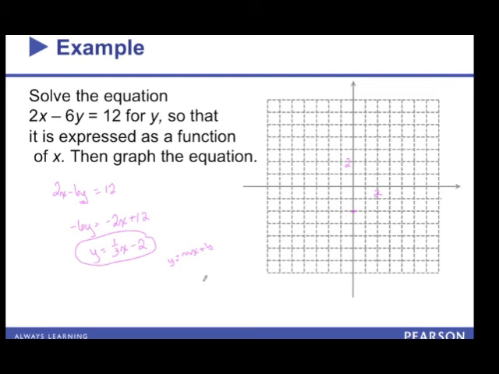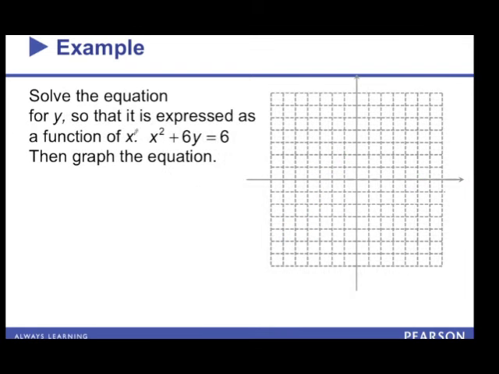And the slope is 1/3, rise over run: up 1 and over 3, up 1 and over 3. You can do that down 1 and back 3 to get some more points. And we'll want to draw our line so it goes clear across our graph, as we've talked about in class.